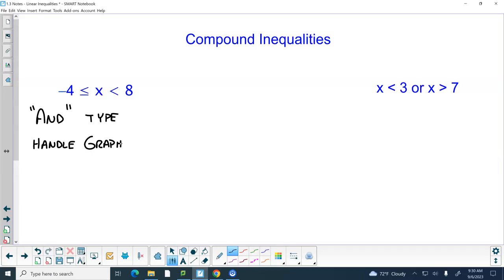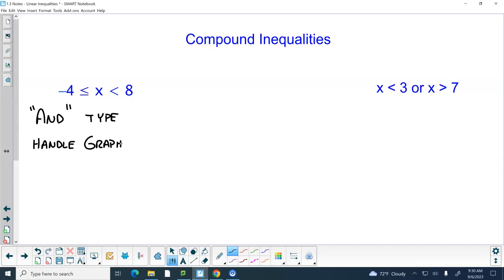When you are solving these and type inequalities, now you don't have two sides to deal with. You have three sections to deal with. So if you have to do some kind of math in one of the sections, you have to do it in all of the sections.